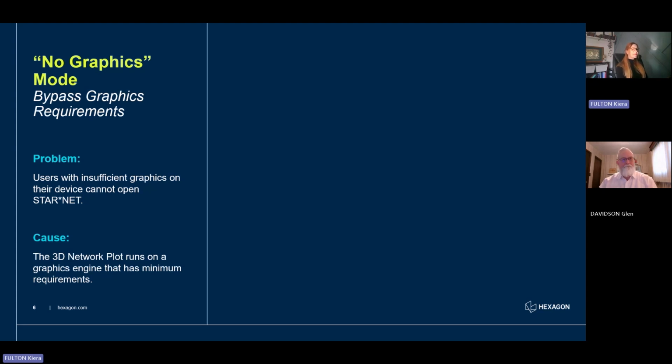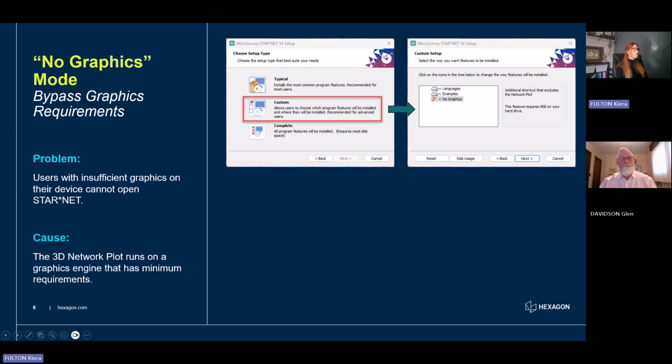And so we've had this request by a few people just to be able to bypass that. Right now, if your environment doesn't support graphics, it's just going to crash StarNet, which is not usable to those customers. So we've implemented a way to install StarNet with a different way to launch it.